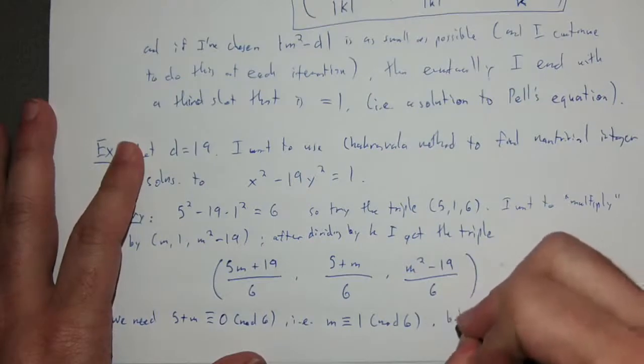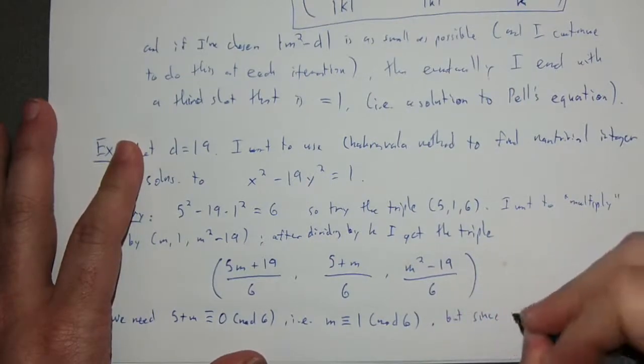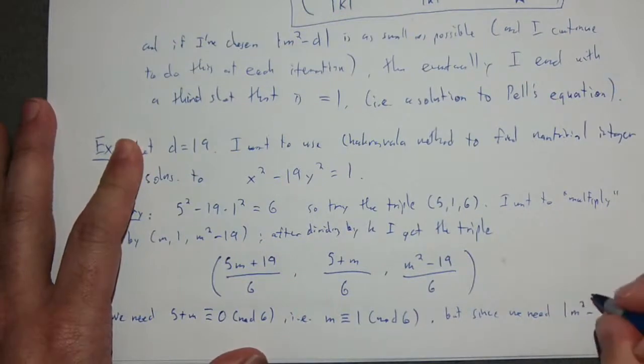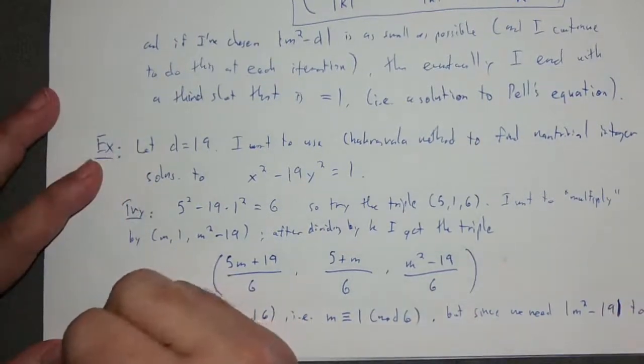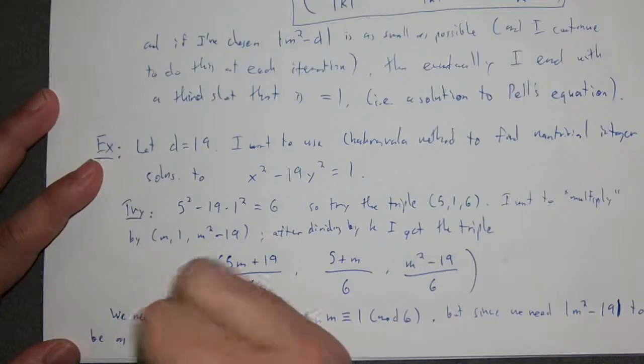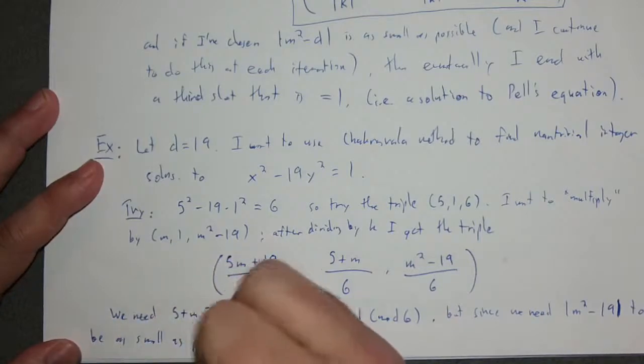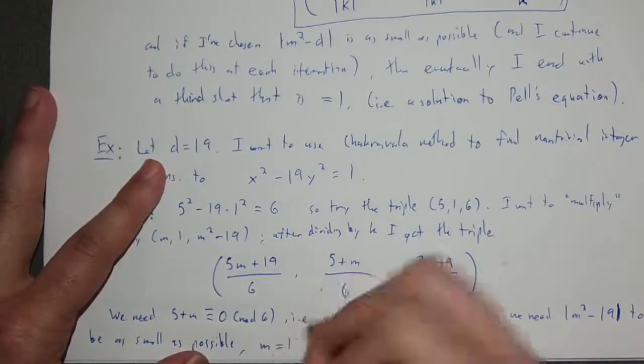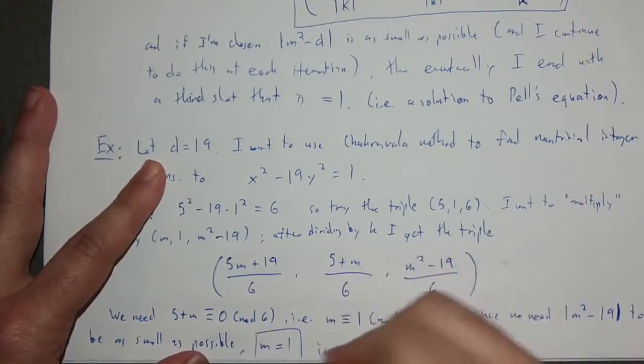But since we need the absolute value of m squared minus 19 to be as small as possible, we need an m that's congruent to 1 mod 6, but also m squared minus 19 to be as small as possible. So m equals 1 is our choice.